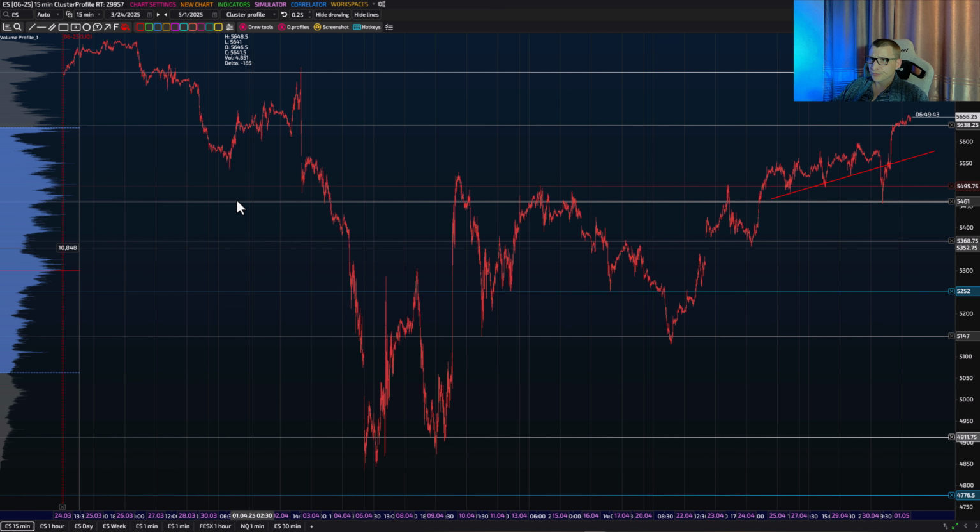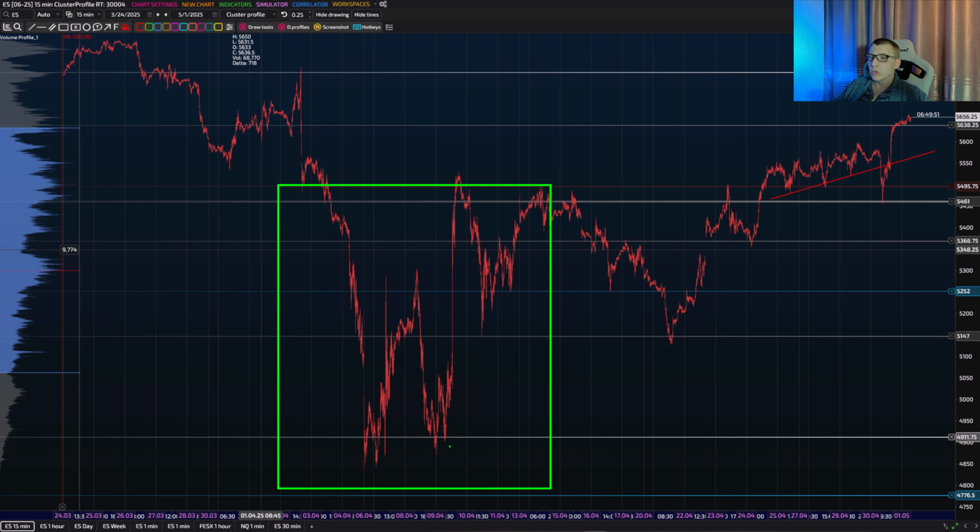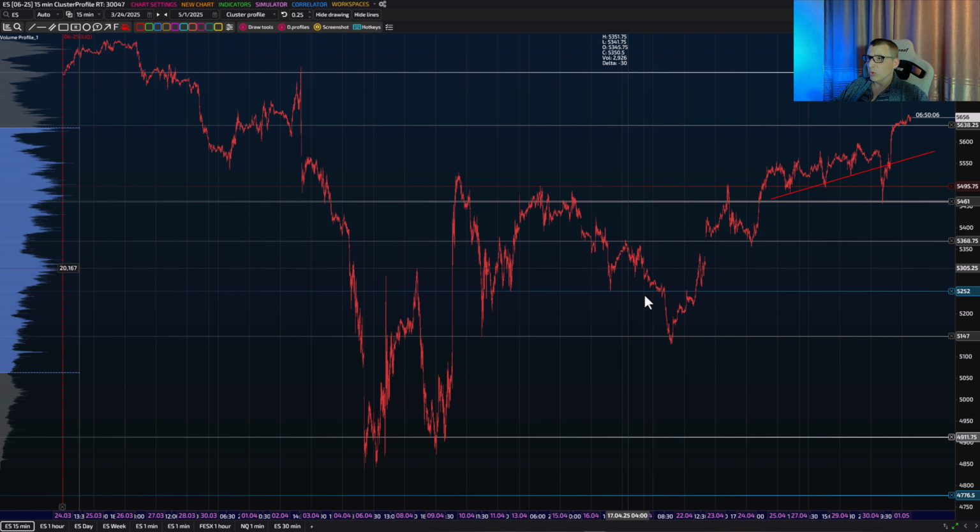First of all, this is a 15-minute time frame. What we see here could have potentially become a balance, but it never happened and it transitioned to volatility. What was the task of this volatility?